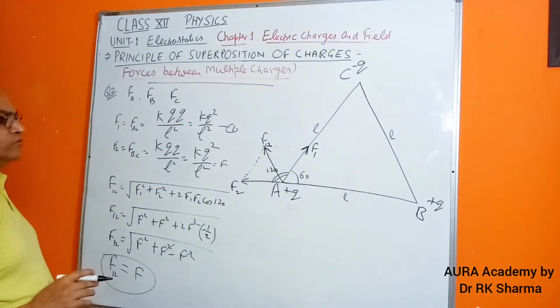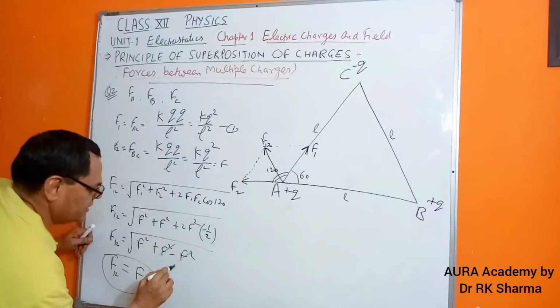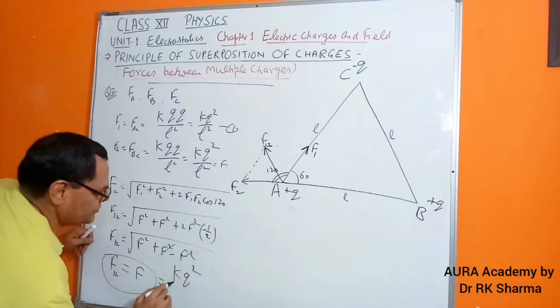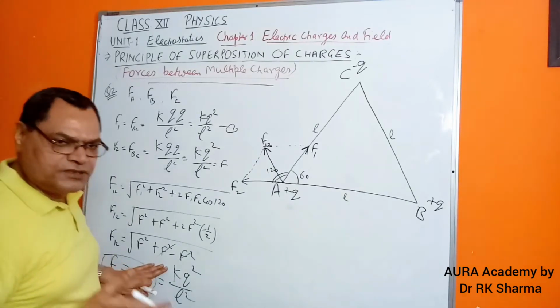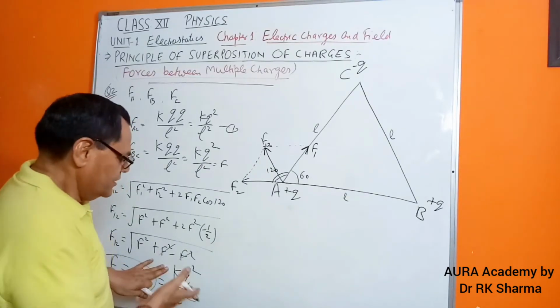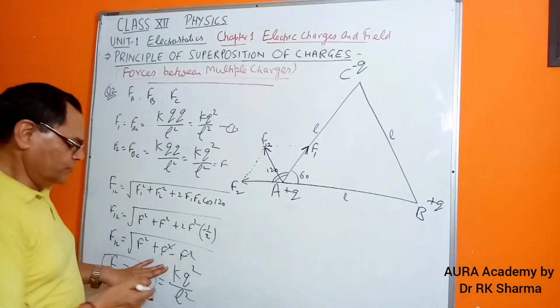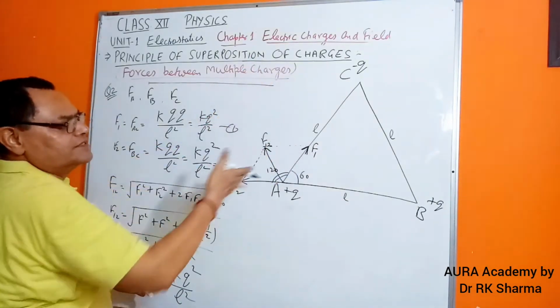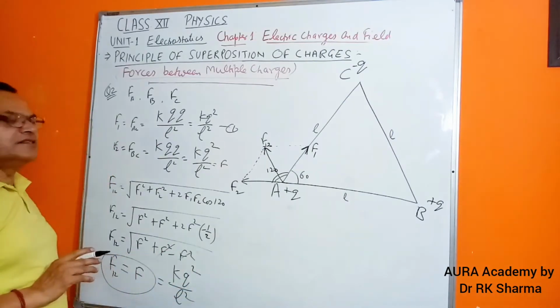Clear? This is the total force, and the numerical value you will get, if some values are given, is simply KQ square upon L square. K, of course, is the constant 9 into 10 to the 9, Q is given to us, maybe 5 microcoulomb or 20 coulomb, and the length may be given as 10 centimeter or 20 centimeter, whatever it is. Just substitute values and get the answer.